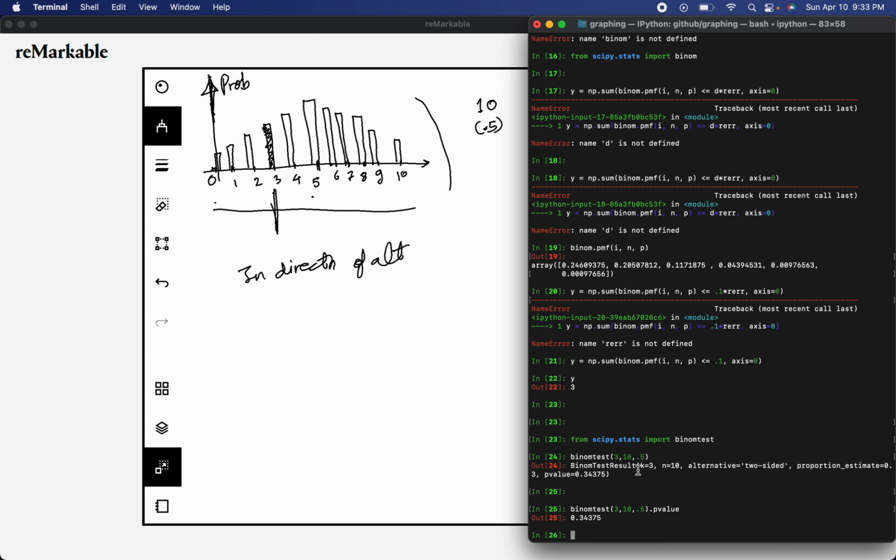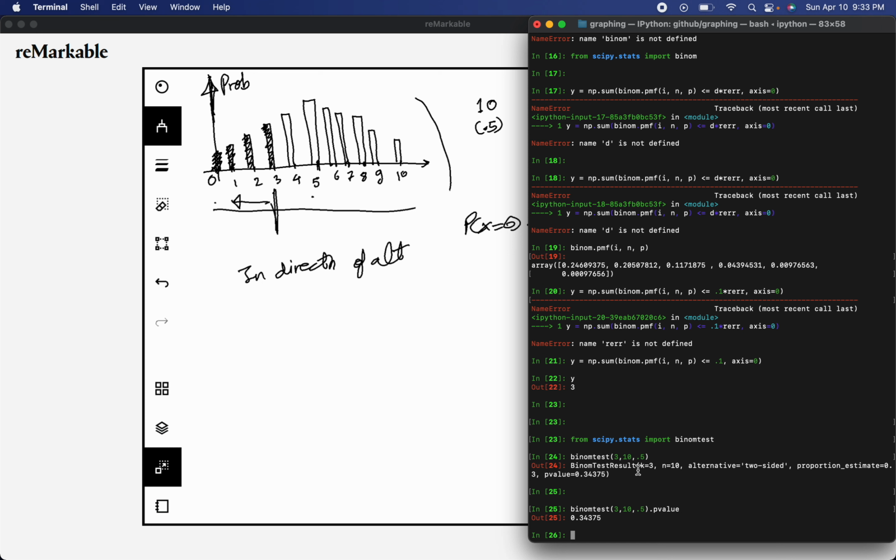You tossed the coin 10 times, and then as or more extreme is 3 or less, right? Because you want to only be alerted if the probability is low. So it's likely to give you two heads, one head, zero heads, right? And so you basically sum all of these shaded probabilities, the probability that x equals 0 plus x equals 1 plus x equals 2 plus x equals 3, and this gives you the p-value, right?